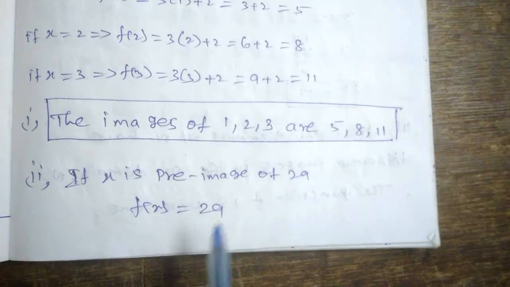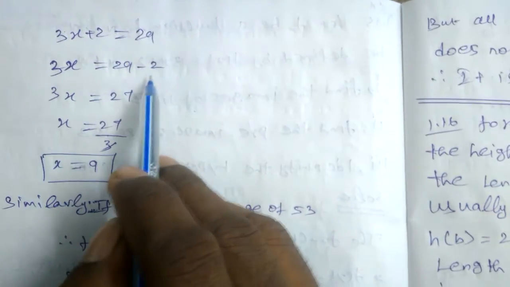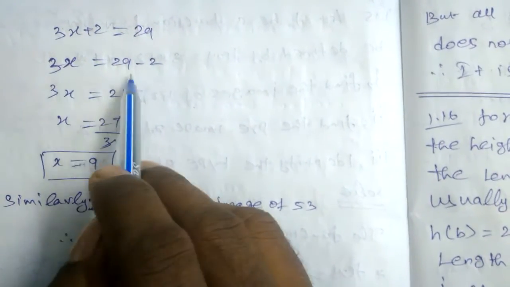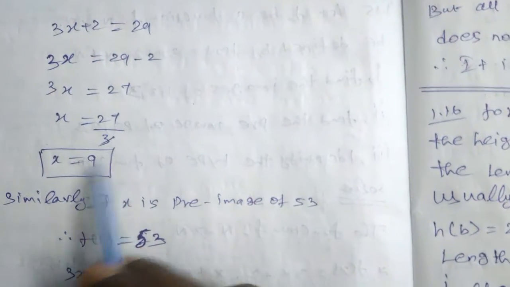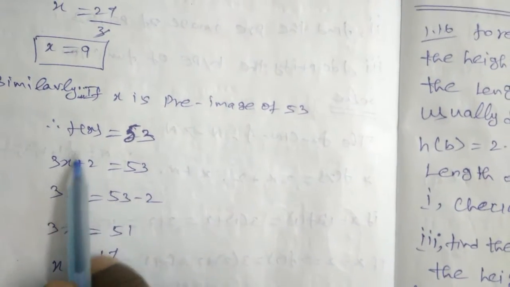This is the image, and this is the pre-image. Therefore, 3x plus 2 is equal to 29. The 2 goes to the opposite side as minus 2. 3x equals 29 minus 2, so 3x equals 27. x equals 27 by 3. x equals 9.